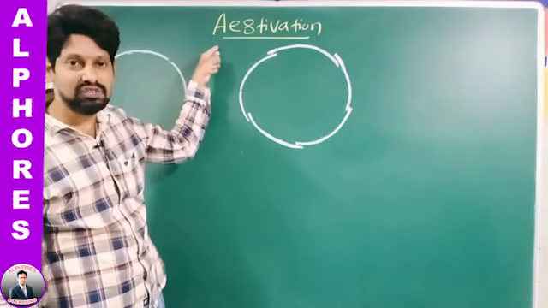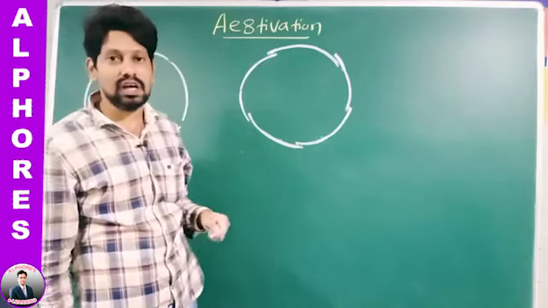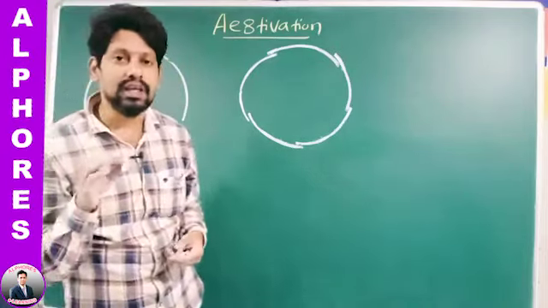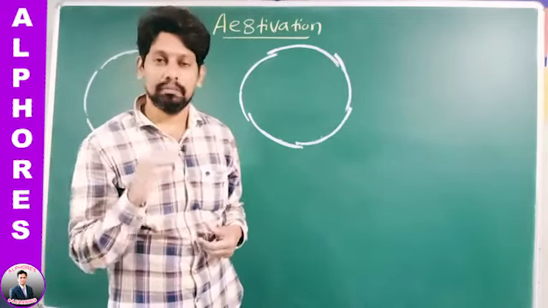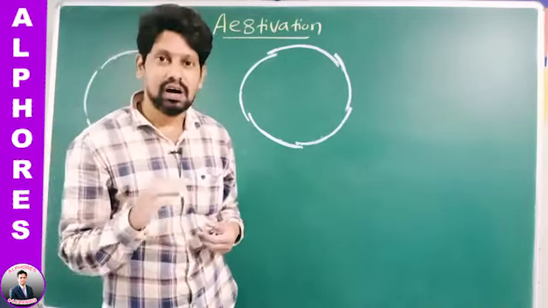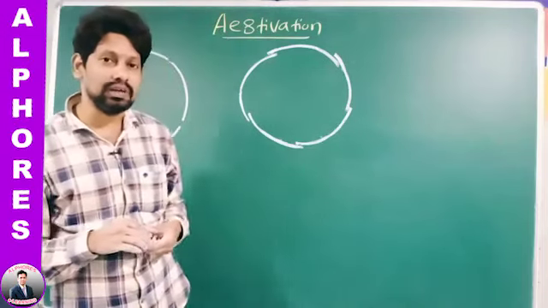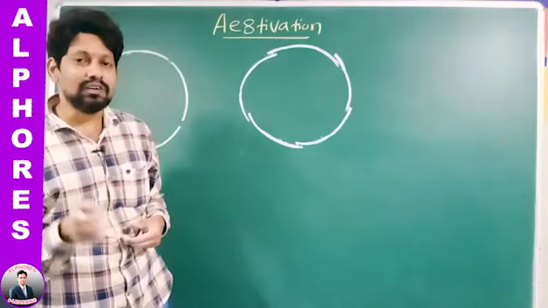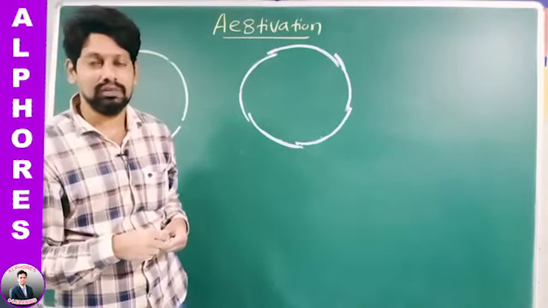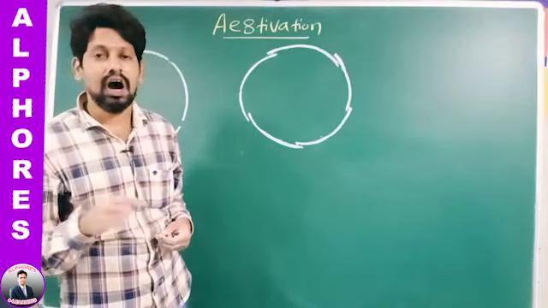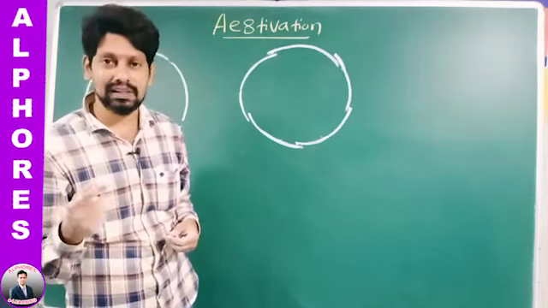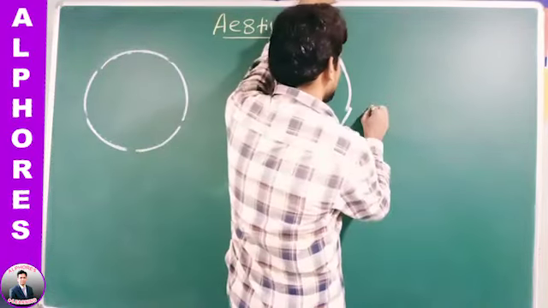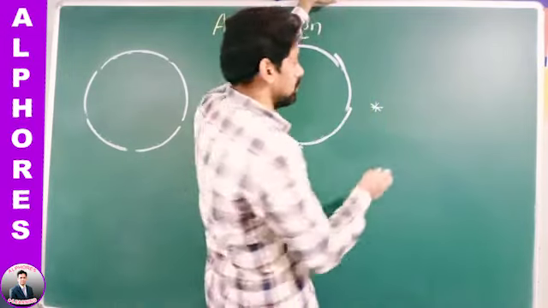What is estivation? Estivation means arrangement of perianth lobes, or sepals or petals or tepals, T-E-P-A-L-S, in bud condition. It means when the flower is in bud condition, how the perianth lobes, sepals or petals or tepals, are arranged is called estivation. Therefore, what is the meaning of estivation?